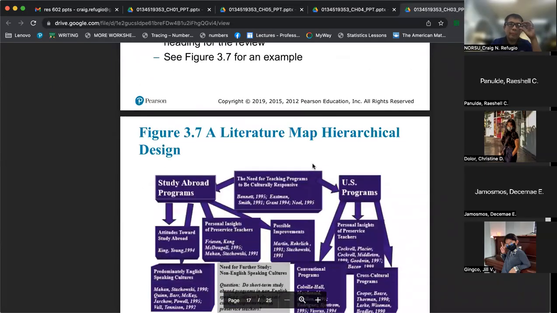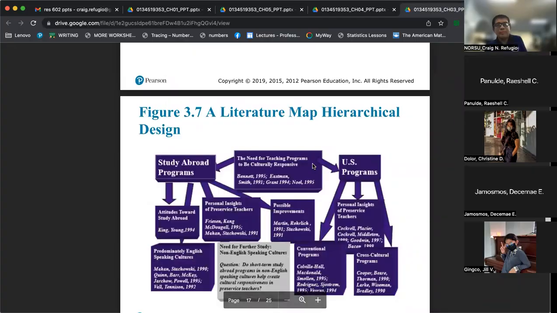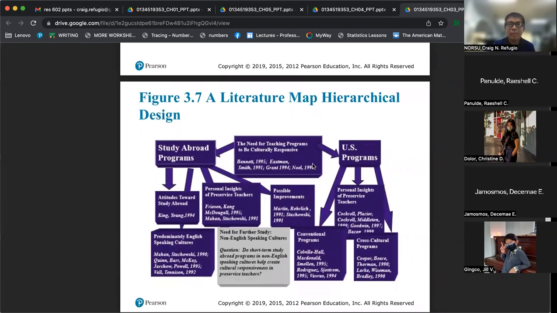So we have figure 3.7. This is an example of a literature map in a hierarchical design. So, study abroad programs, US programs. You notice that all are actually coming from the study abroad programs and it goes to different boxes.